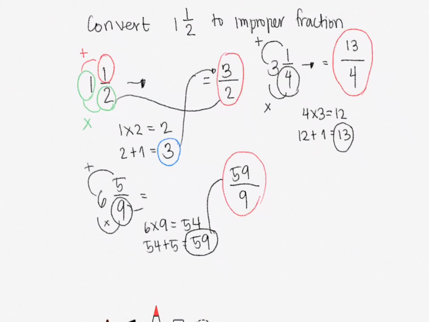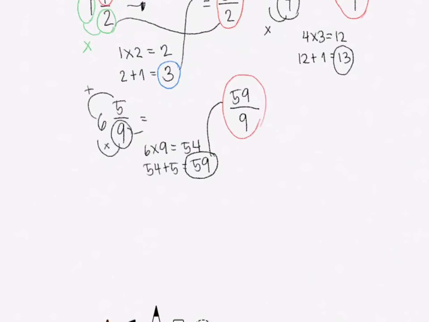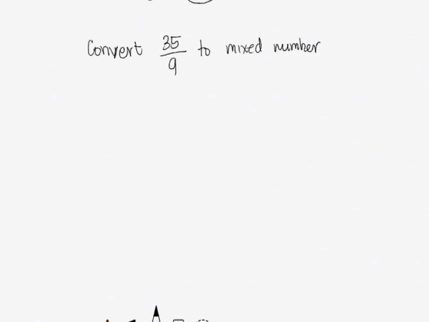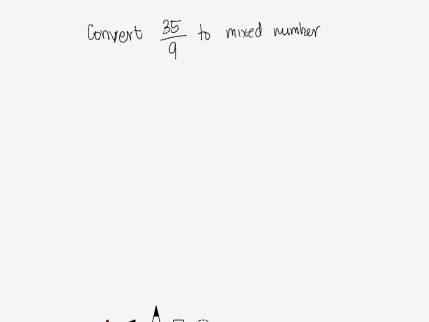Now, let's try to convert an improper fraction to mixed number. So for example, convert 35 over 9 to mixed number. So, in order for us to convert this, we need to perform the division. So, 35 over 9 is the same as dividing 35 by 9.